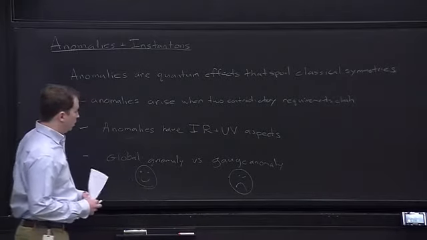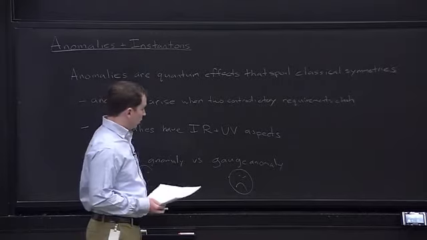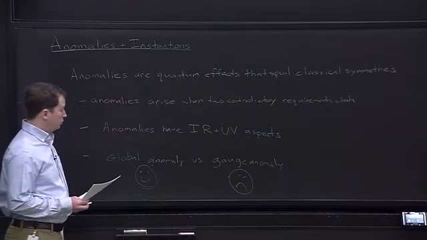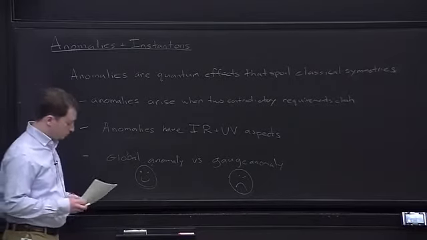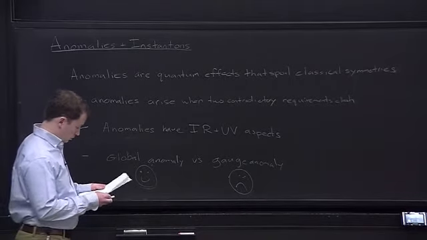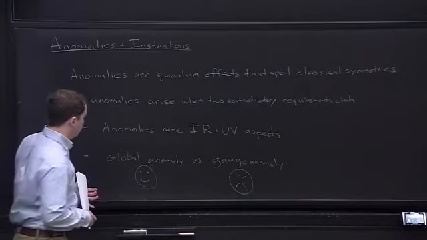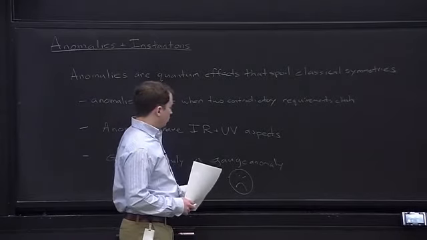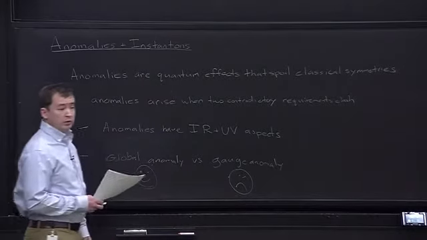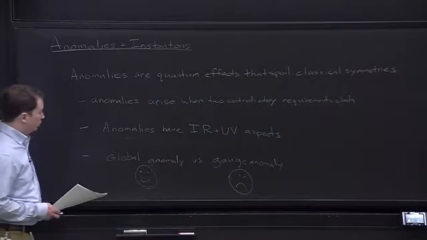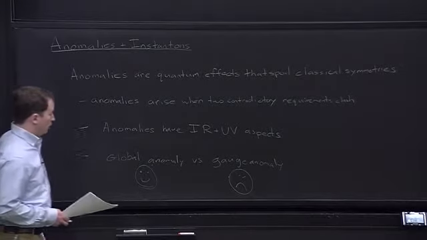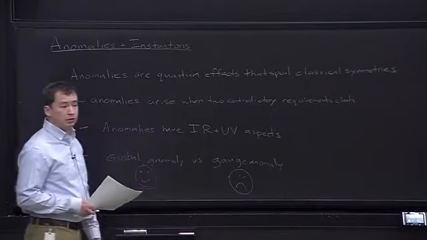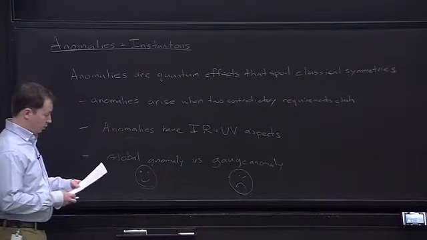So if we have an anomalous gauge symmetry, that can ruin the theory. And we'll see in a few lectures that whether or not a gauge symmetry is anomalous is related to the matter content of the theory. So the absence of gauge anomalies puts constraints on what matter you're allowed to couple to your gauge bosons.